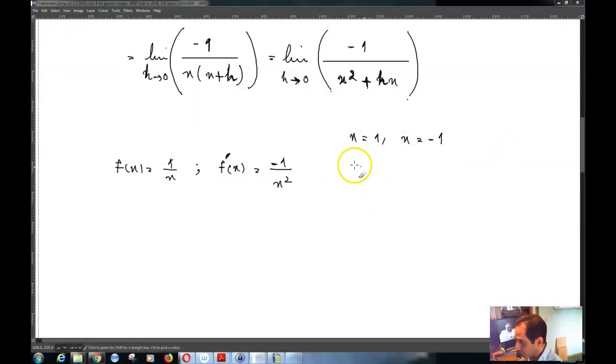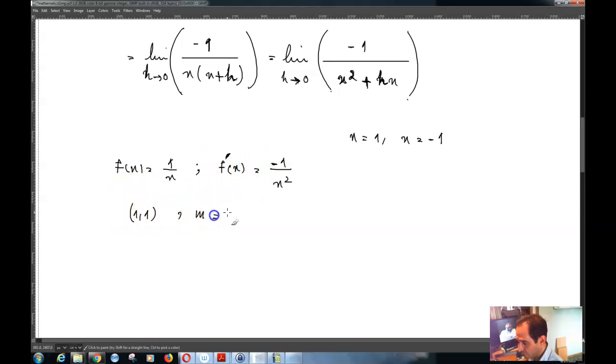So 1, 1 is 1 point on the graph of the function, and the slope of the line at this point is going to be f prime at this point.